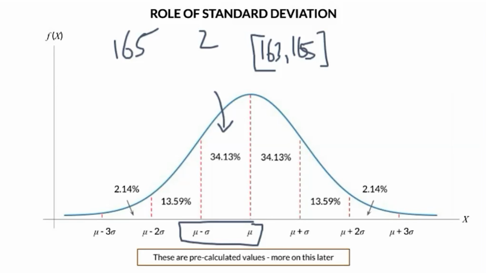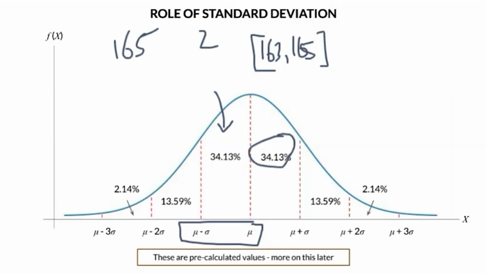All normally distributed variables behave in this way. It is symmetrical, so on the other side, mu to mu plus sigma, 165 to 167 centimeters, people of that height in a large population will always be 34% of that population.